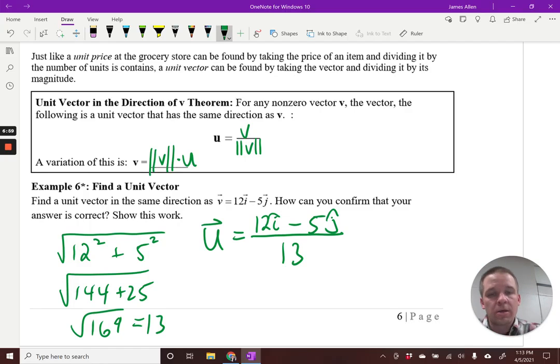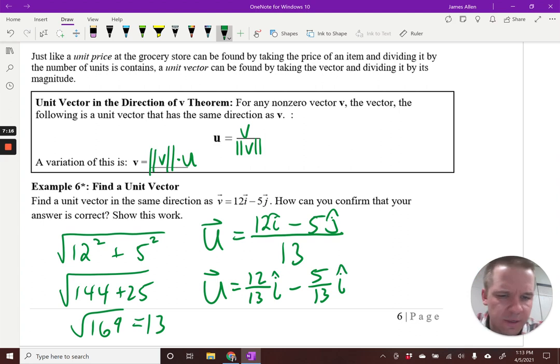So when I divide this out, fractions, right? My unit vector is just, I'm going to break it apart. There we go. 12 over 13 i hat minus 5 over 13 j hat. That is the unit vector, a length of 1.